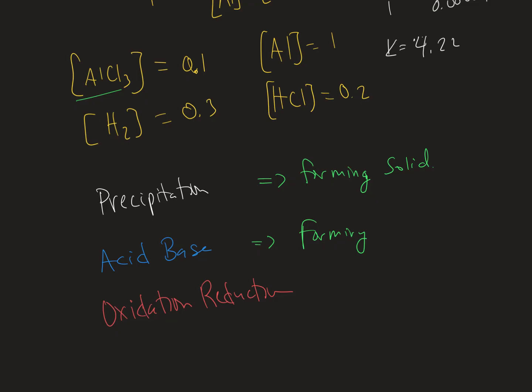Acid has H plus, base has OH minus, hydroxide. How do you tell if it's oxidation reduction? Electrons moving. Not double replacement, but electrons are being transferred.